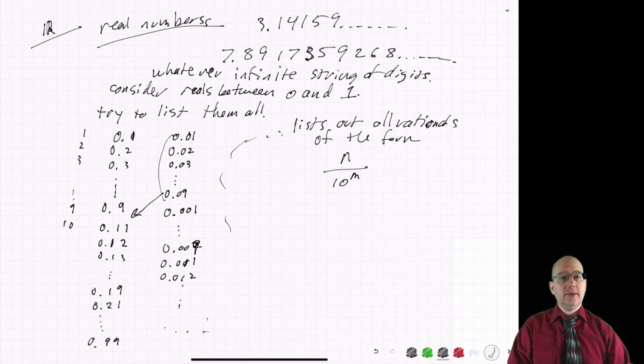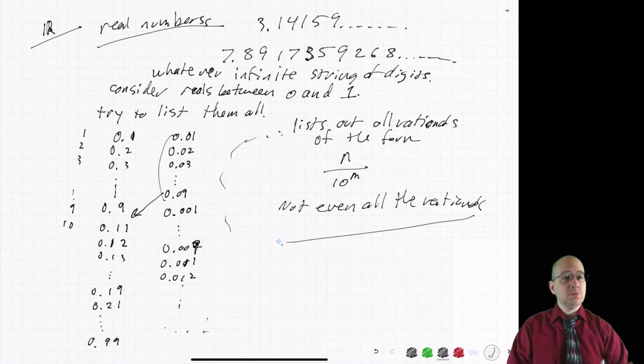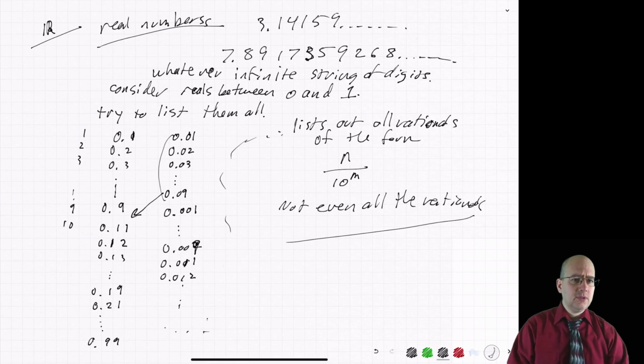So the tenths, the hundredths, the thousandths, the 10,000ths, and so on. So not even all the rationals, which we know we can even list. Now that seemed like a pretty easy task. I was sweating here that I was not going to find out what was going to go wrong here, because it's supposed to go wrong.